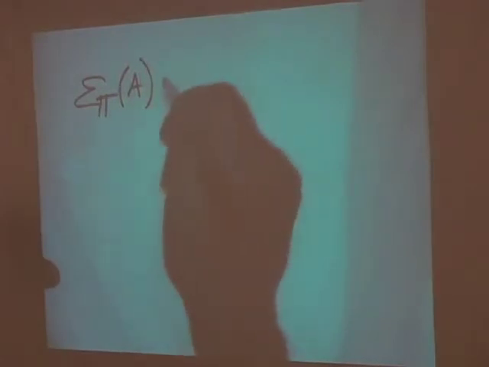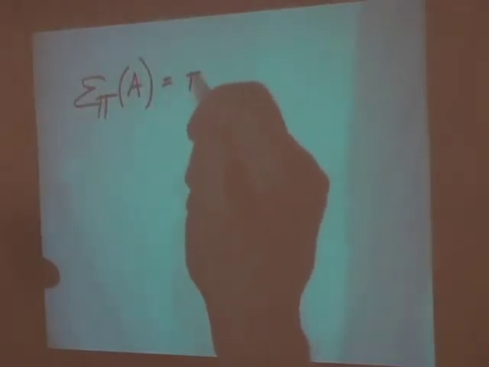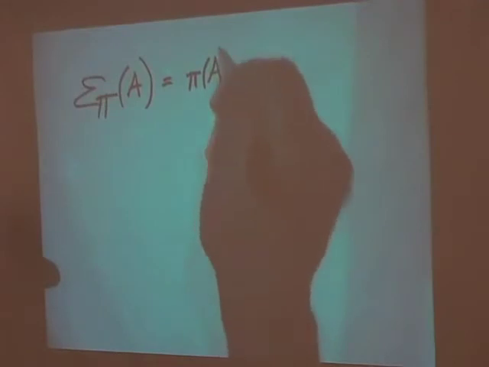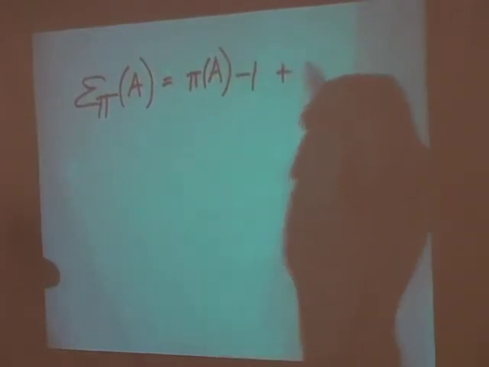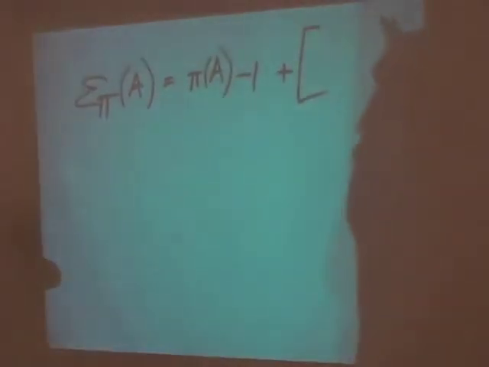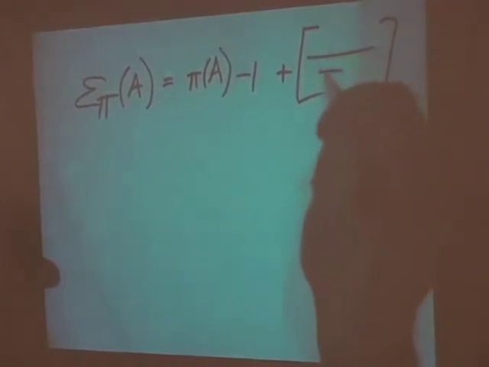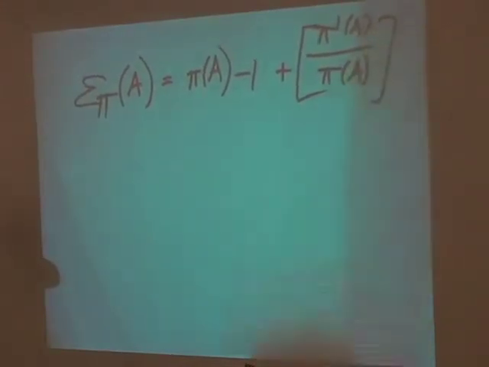Okay, so let me write this. Epsilon pi of A is the pi part of A minus 1 plus the Jacobi symbol where the numerator is the pi prime part of A. That's the same definition, essentially.